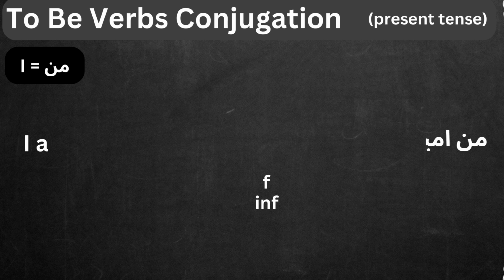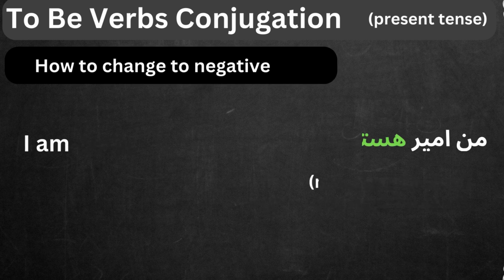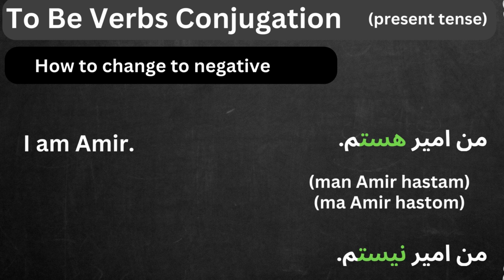How to change to be verb to negative. من امیر هستم. It means I am Amir. If you want to say I am not Amir, how do you say that? So من امیر هستم. You see the verb هستم, you replace ha with ni, which changes هستم to نیستم. هستم, نیستم.